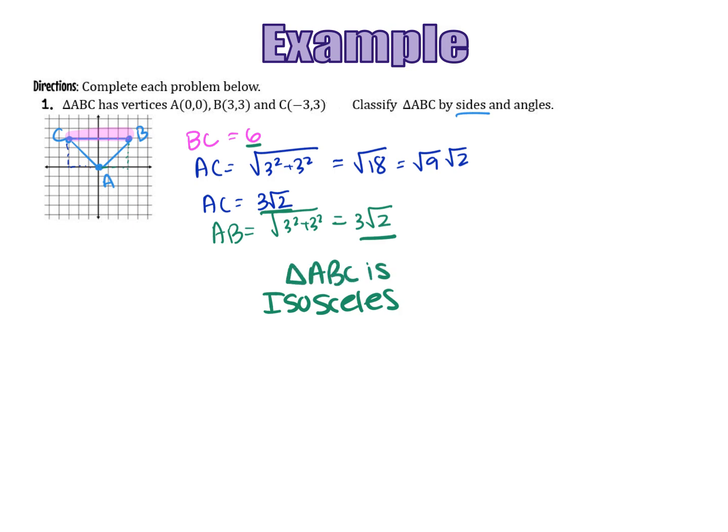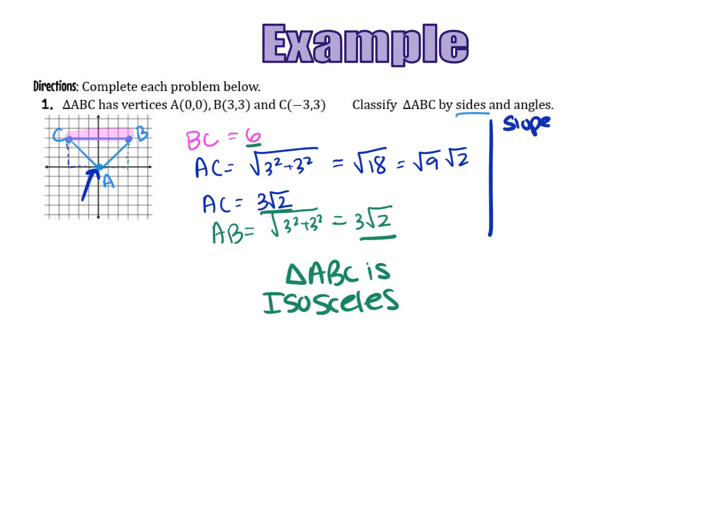And then if we classify it by angles, it looks like it's either an acute triangle or a right triangle. In order to figure that out, we need to see what's happening here at angle A. If it's a right angle, that means those segments would be perpendicular. So let's look at their slopes.